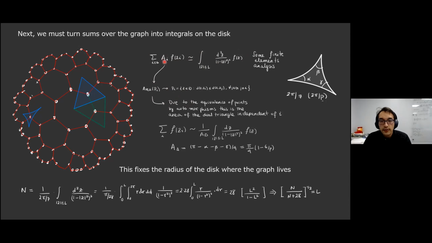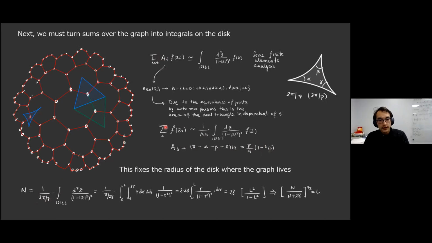And in fact, the area of each one of these triangles is independent of the side. It reduces to the difference between pi and the sum of all the interior angles of those triangles, which for a general tessellation is this expression, and for the tessellation of 7, 3, it has just this 2 pi over 7 value.